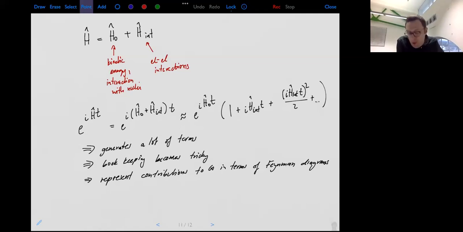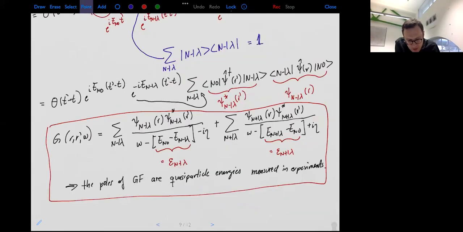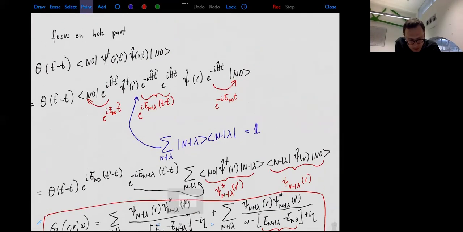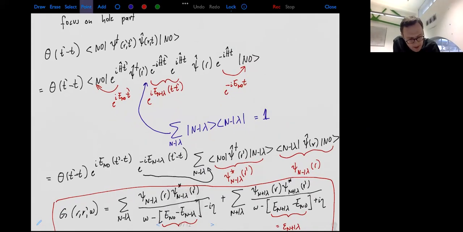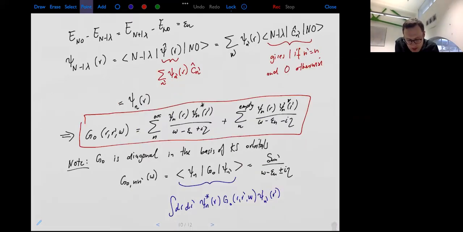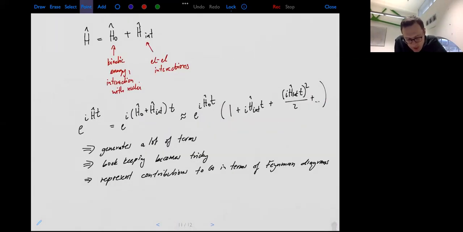But from a more practical point of view, when you do this expansion, you generate a lot of terms. So if we go back to the Green's function, here you see all of these exponentials. When you expand all of these exponentials in terms of a Taylor series, you generate a lot of terms, and the bookkeeping can become quite tricky.